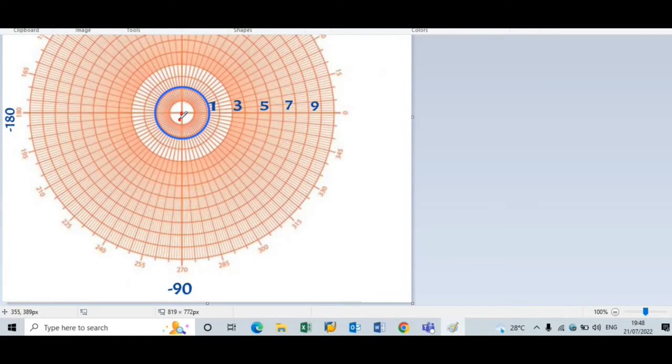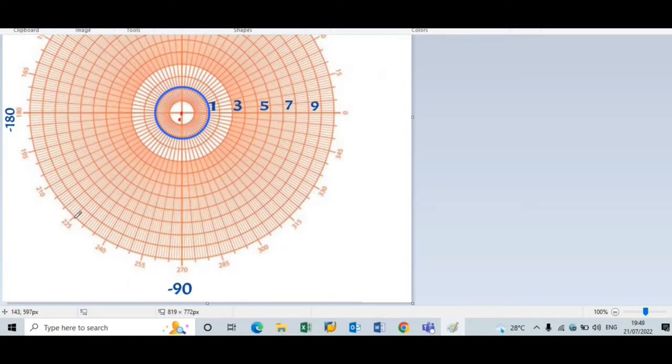Then next is the unity circle having magnitude 1. But what is the angle? The angle is minus 141. So how to select the angle minus 141? After minus 90, the total gap is for 15 degrees, so we will say 105. Then 105 plus 15, that is 120. Then 120 plus 15, that is 135. Then 135 plus 15, that is 150.